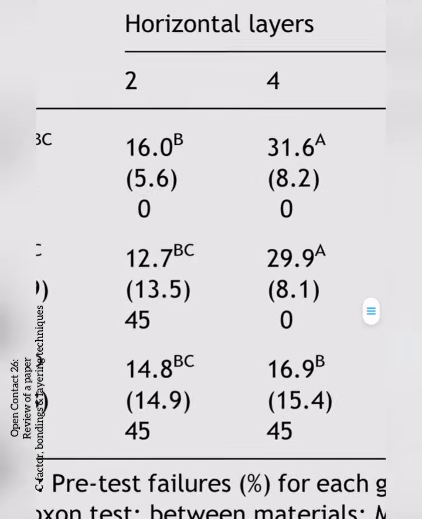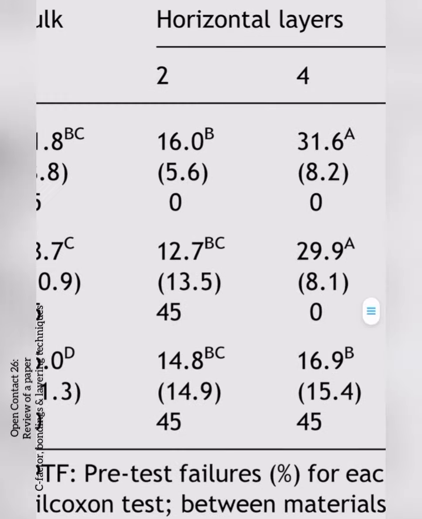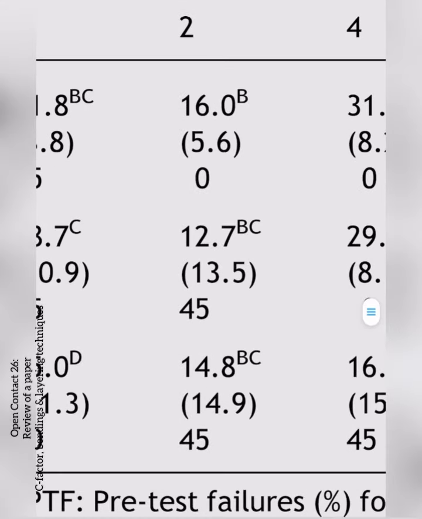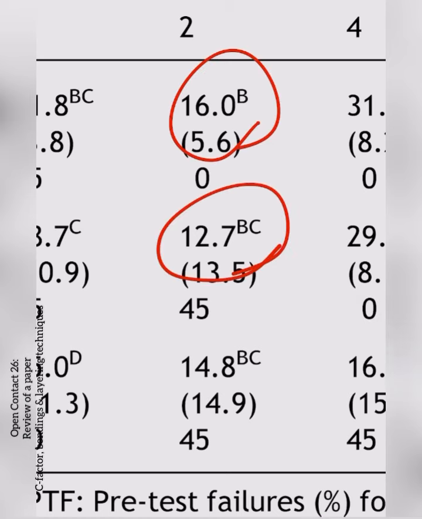In the horizontal layering technique, when we use two layers, the results weren't so pleasant. It was 6.0 megapascals for Optibond FL, 12.7 for Single Bond, and 14.8 for One Bond.